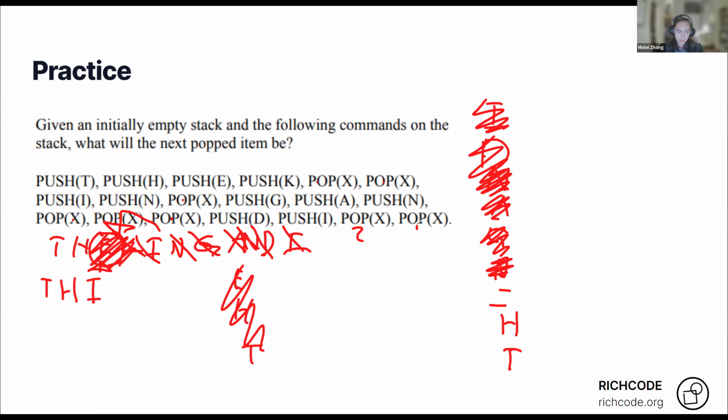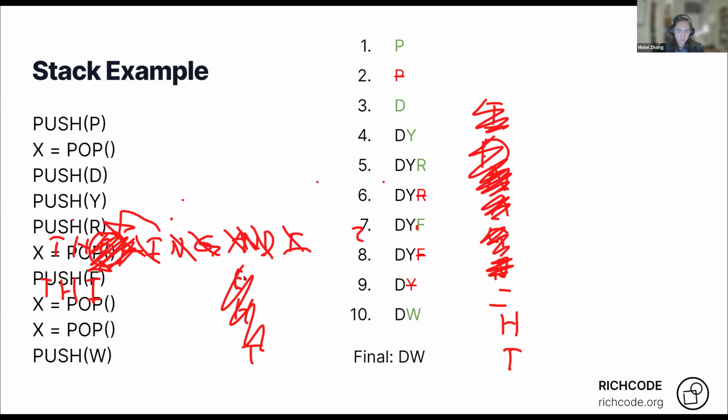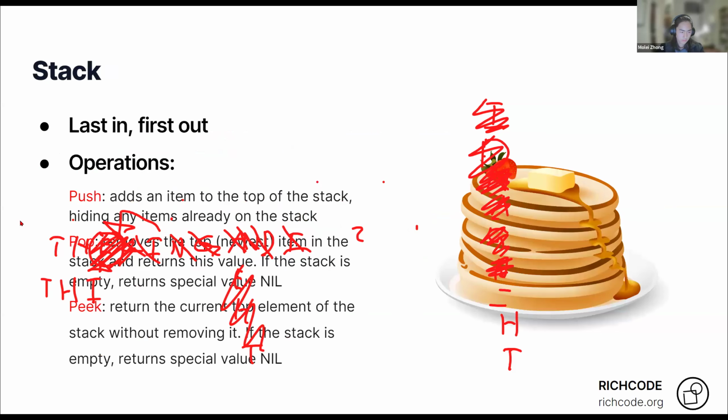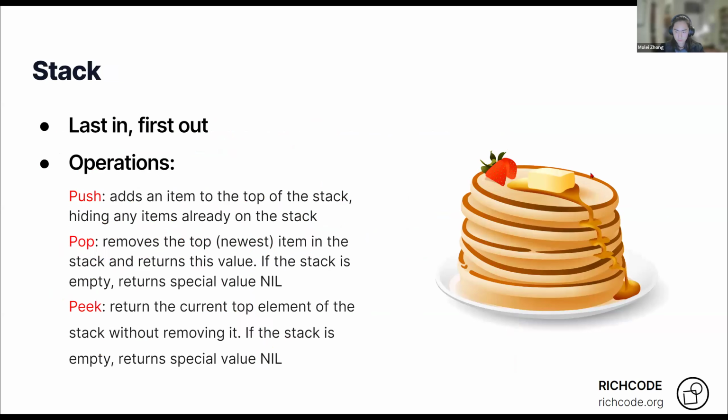So let's go back to our pancake analogy. A stack is just like a stack of pancakes, and all the elements are a pancake in the stack, and pushing just adds a pancake on top of the stack.